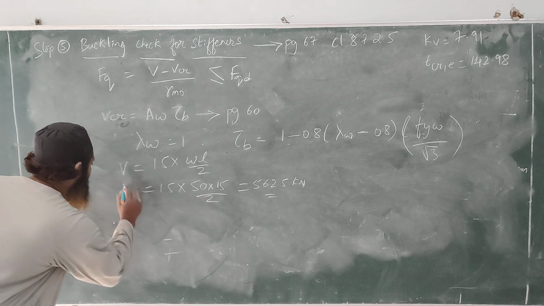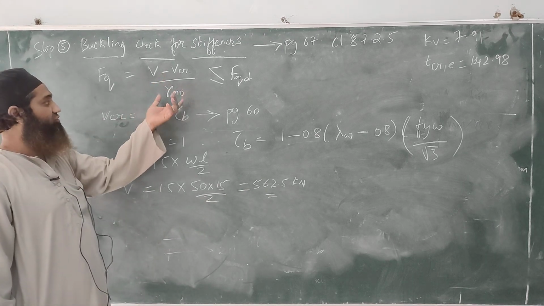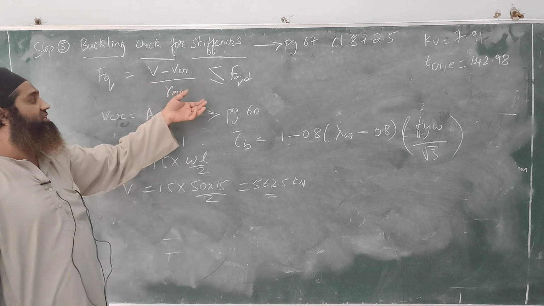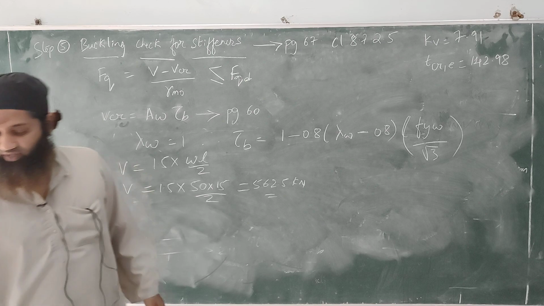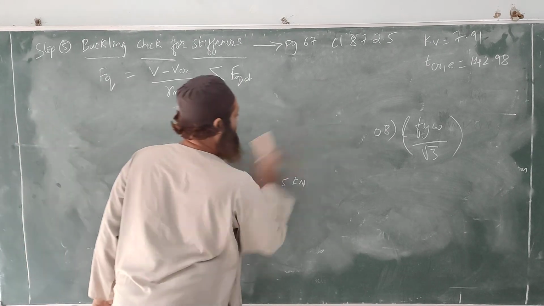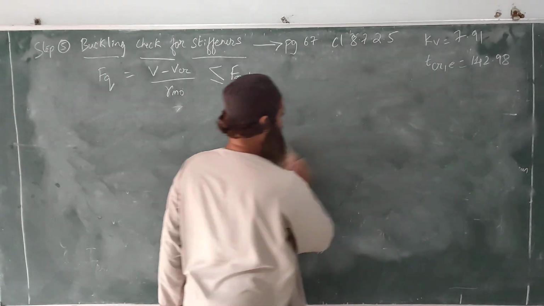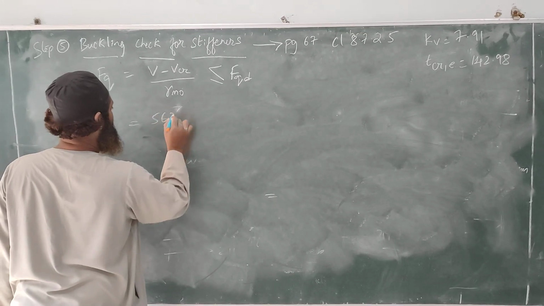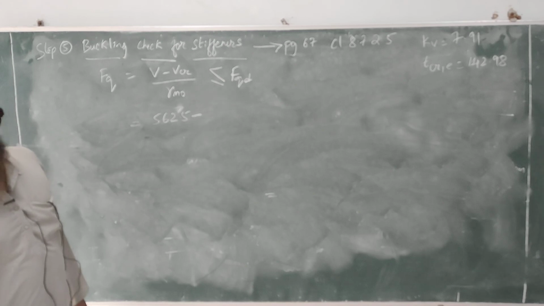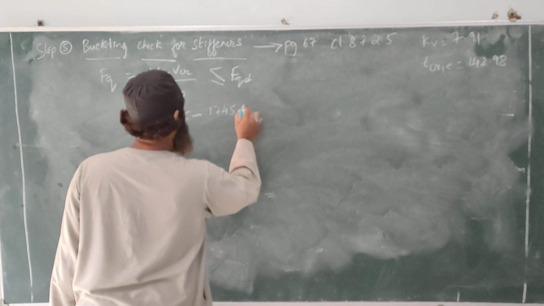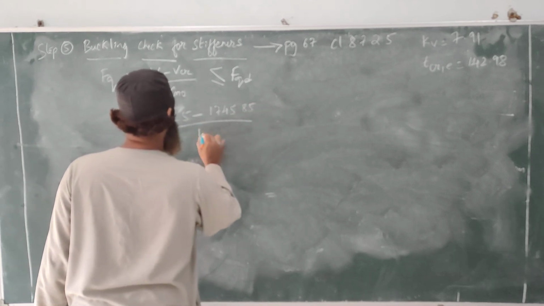So V value we have got, we have VCR value, gamma M0 is 1.1. I'll just substitute all these values and we'll check whether this is less than or equal to FQD. Let us check it here. 562.5 minus VCR value 1745.85 by 1.1.